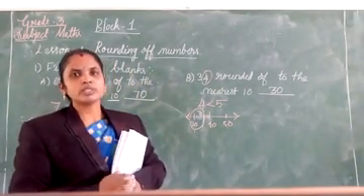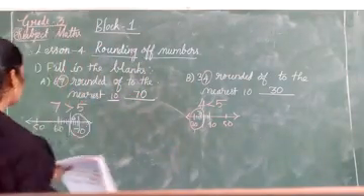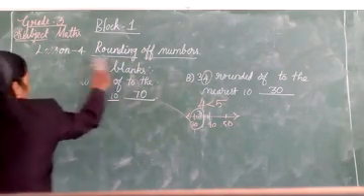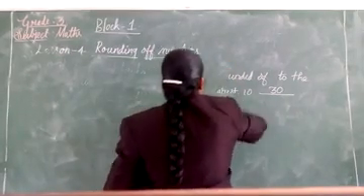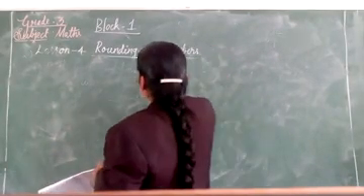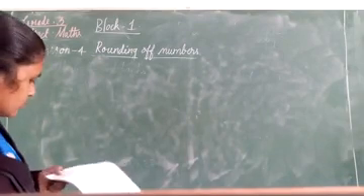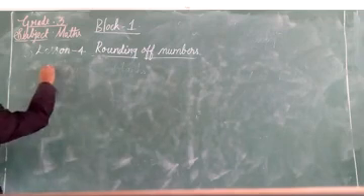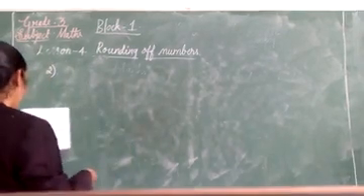Are you all clear with this? I hope you understood this concept. Now, next, second question. Round off the numbers to the nearest 10 and 100.